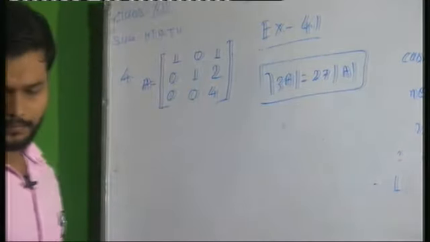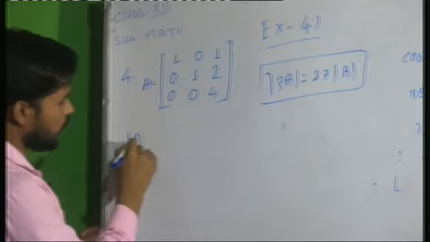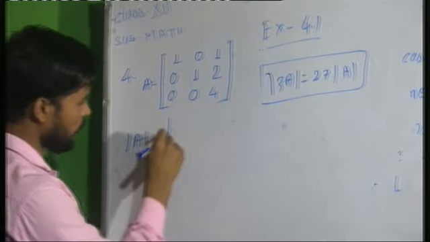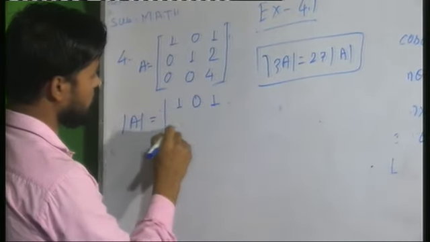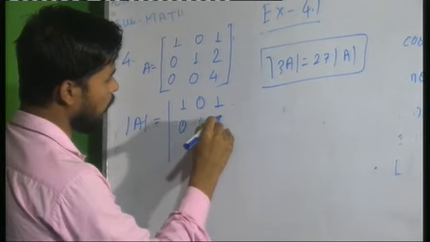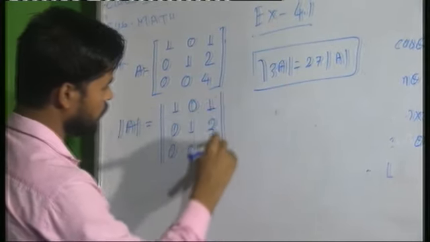So A is given, so find the determinant of A. The determinant of A will be 1 0 1, 0 1 2, 0 0 4.